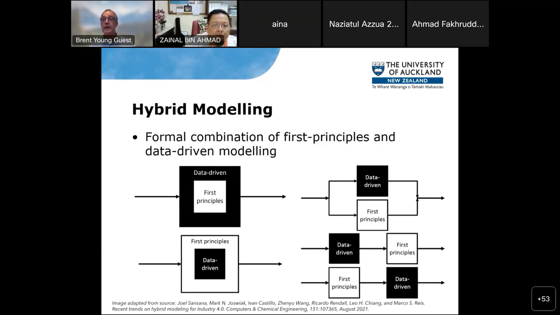Arguably, simulators like ISIS are in a sense hybrid models, because they have parts which are data-driven, purely regressions, and parts which are related to the physical understanding, a physical mechanistic model.